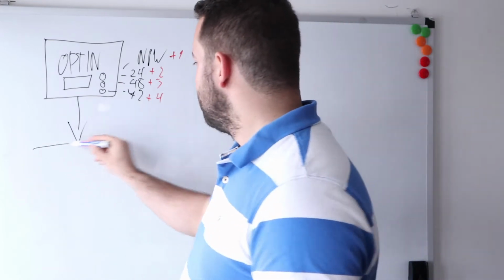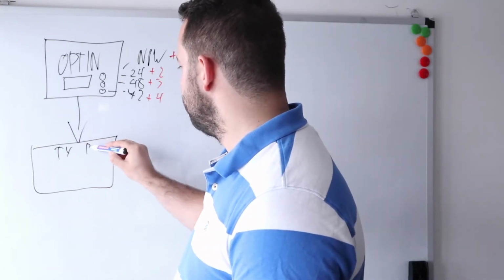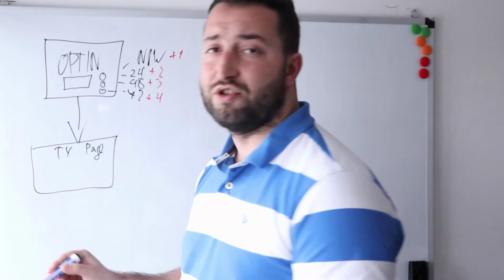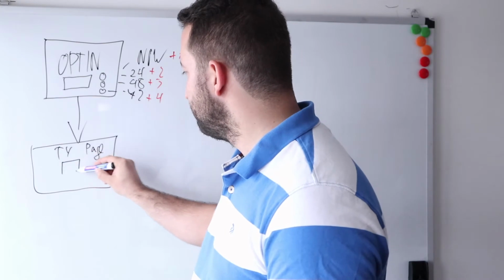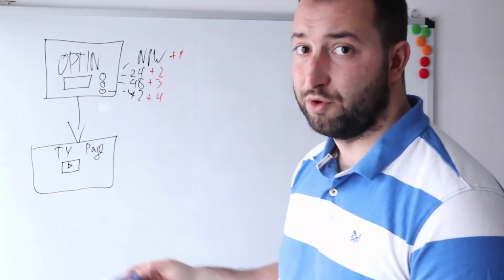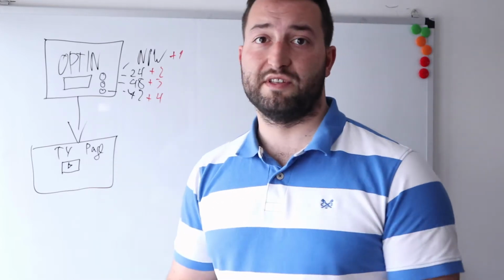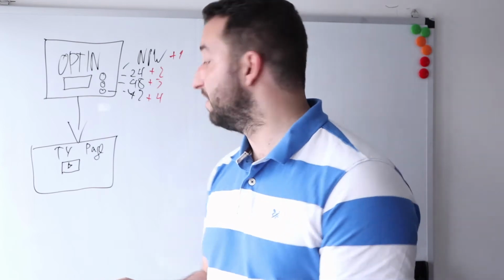So we've got a thank you page where you can post a video. Everybody who subscribes to the webinar will be able to see that video, so it's good to place a video on the thank you page so you can indoctrinate them further.